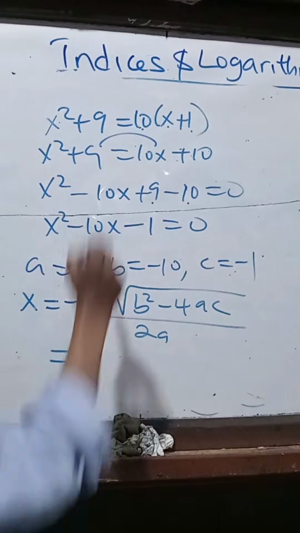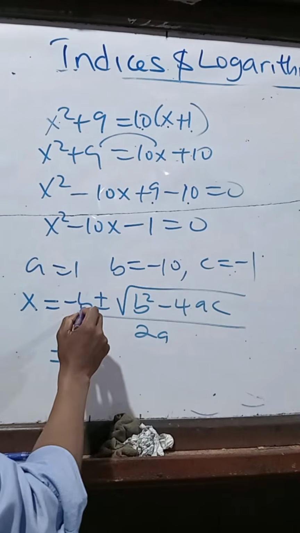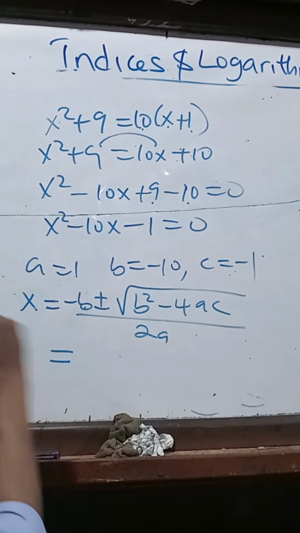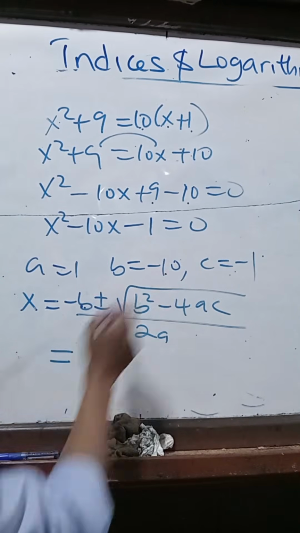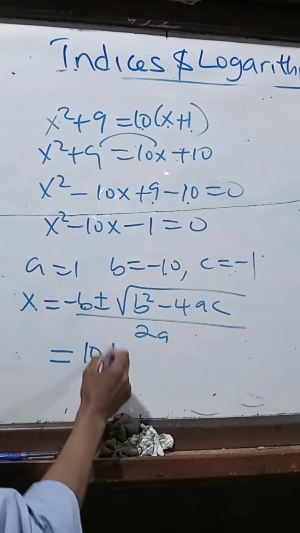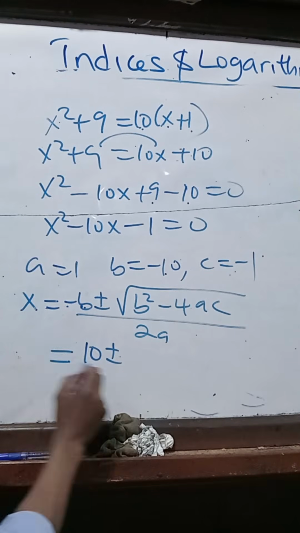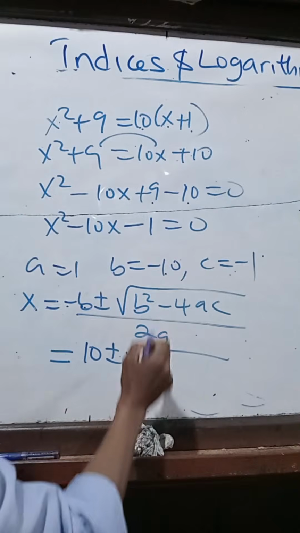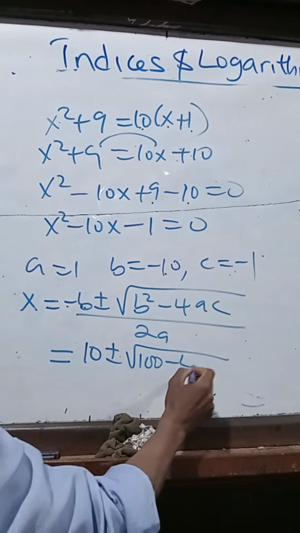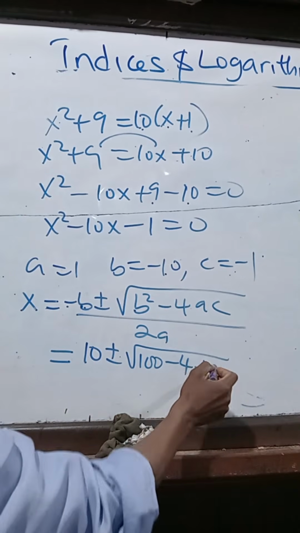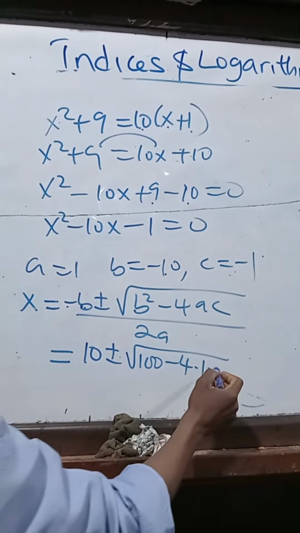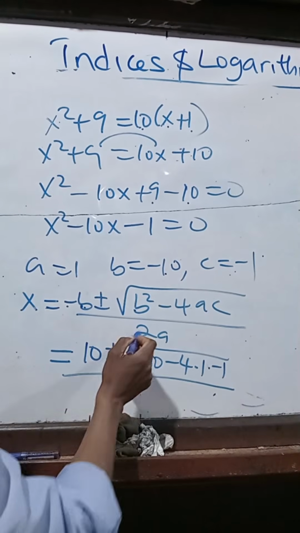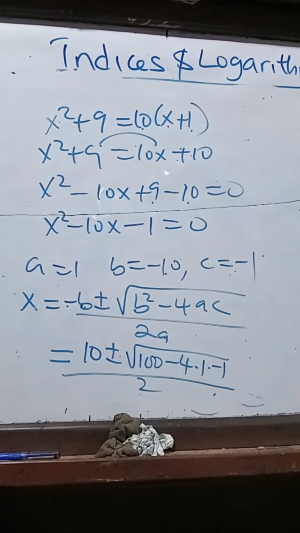Do your substitution. B is minus 10, so we have a plus 10 there. B squared is 100, minus 4 times A, my A is 1, my C is minus 1, over 2 times A, that's 2.